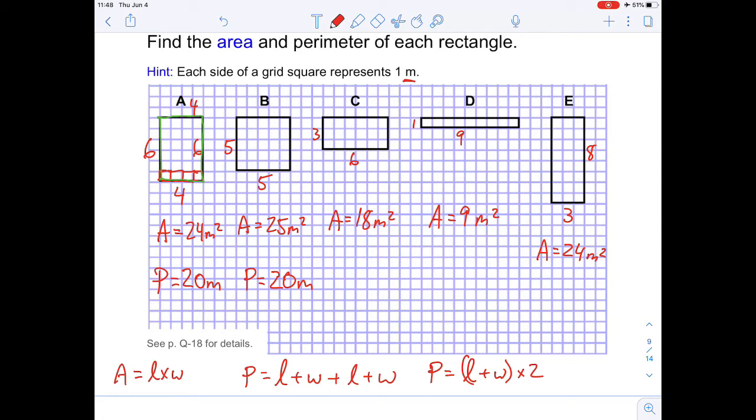So 3 plus 6 is 9, times 2 is 18 meters. 1 plus 9 is 10, times 2 is 20 meters. And 3 plus 8 is 11, 11 times 2 is 22 meters for that perimeter.